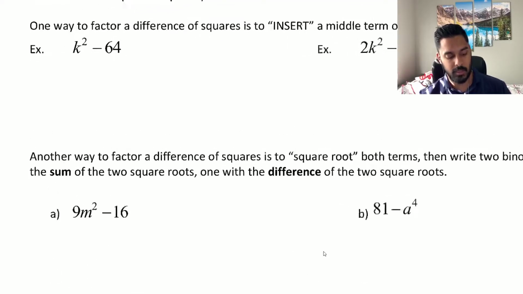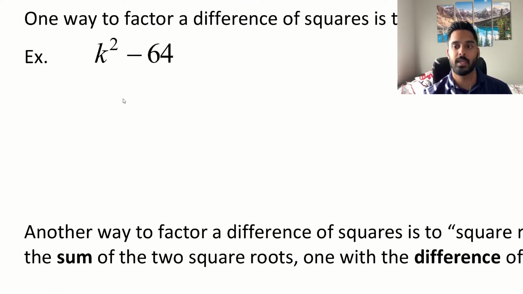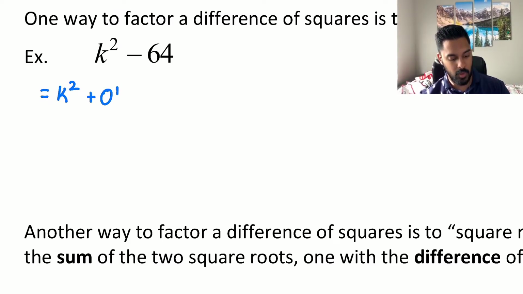So let's look at this one first. For k squared minus 64, really that's the same thing as saying k squared plus 0k minus 64. So if you remember all of our rules from our factoring video when a was equal to 1, we're going to multiply to get negative 64, but add to 0.